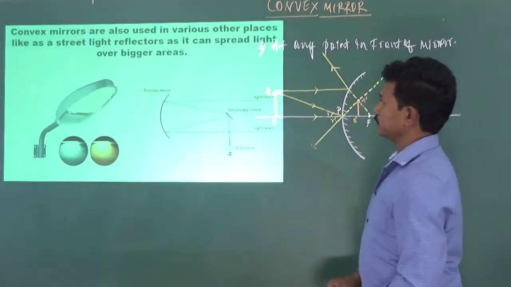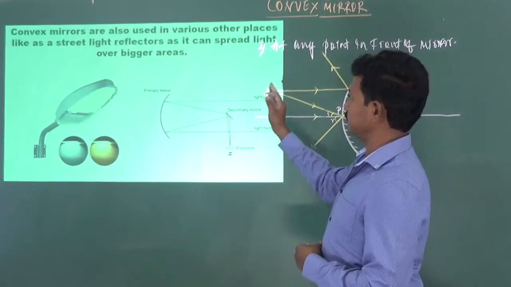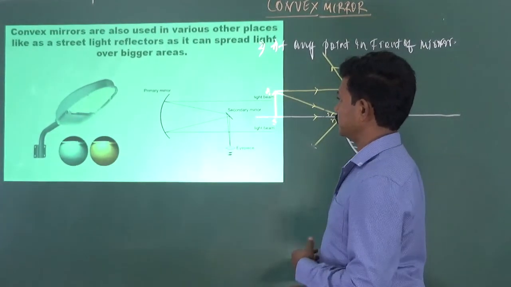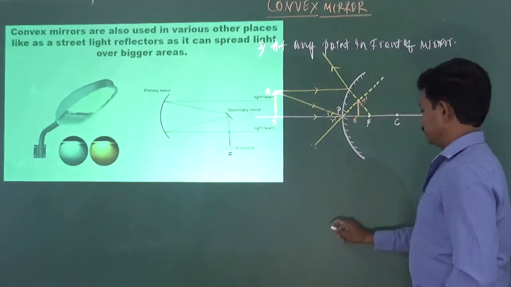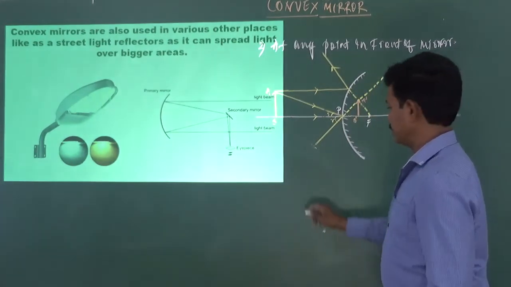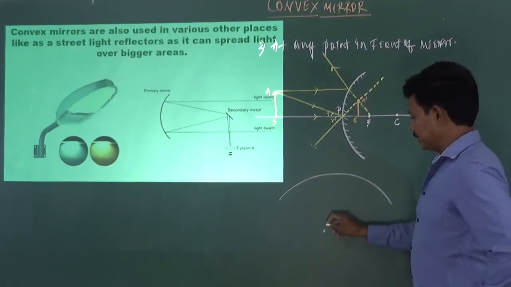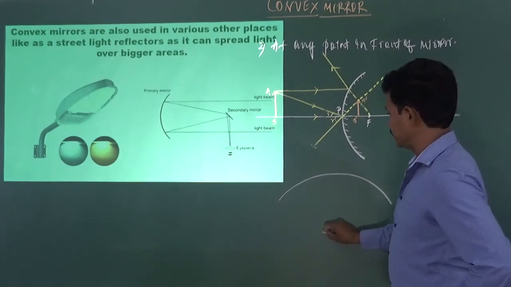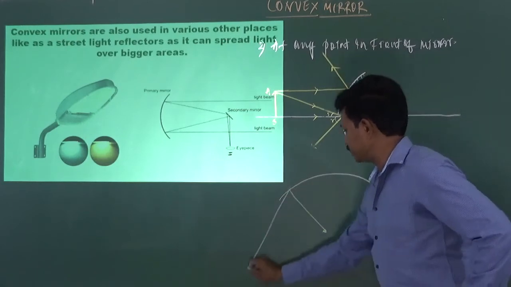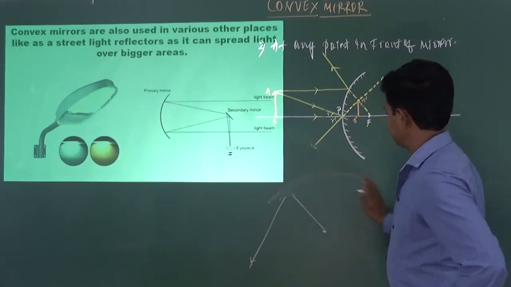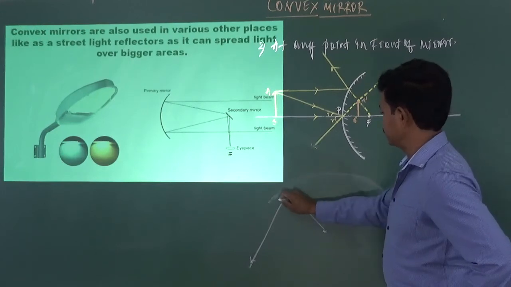So here convex mirrors are also used in various other places like street light reflectors, as they can spread light over large areas. So it's very simple. If you consider this a bulb, and this a convex mirror, the light rays coming from this source of light, when they fall on the mirror, get reflected.